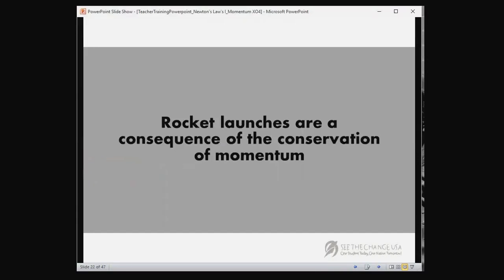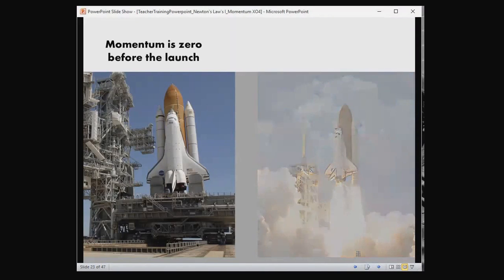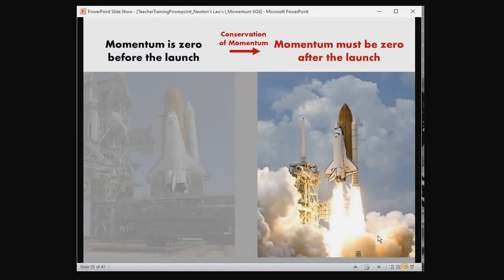All right, let's take a look at another example. Rocket launches are a consequence of the conservation of momentum. Here we have two situations. Before the launch, we notice that nothing is moving. And whenever nothing is moving, the momentum has to be zero. So zero before the launch. This means that according to the conservation of momentum, momentum must be zero after the launch. And again, by momentum, I don't mean the momentum of the rocket, but the total momentum of everything involved.